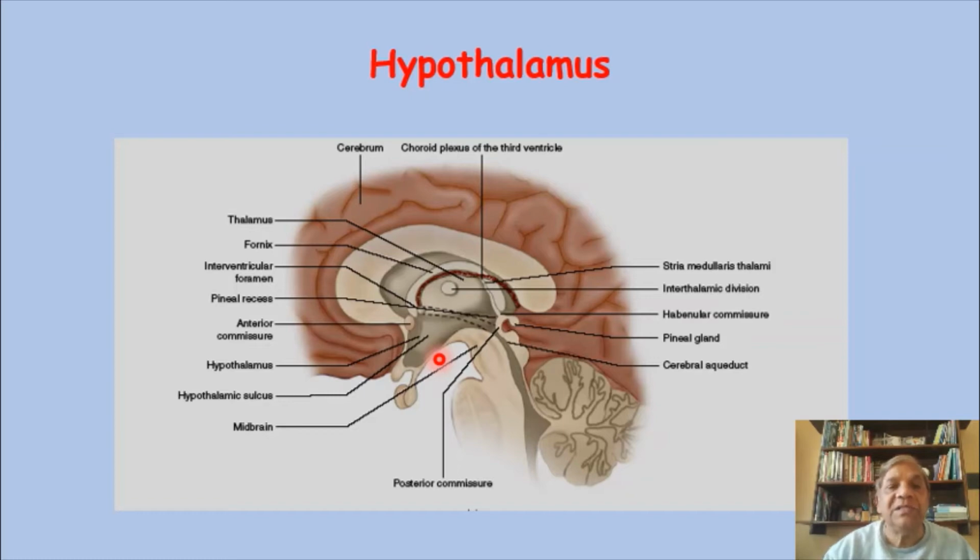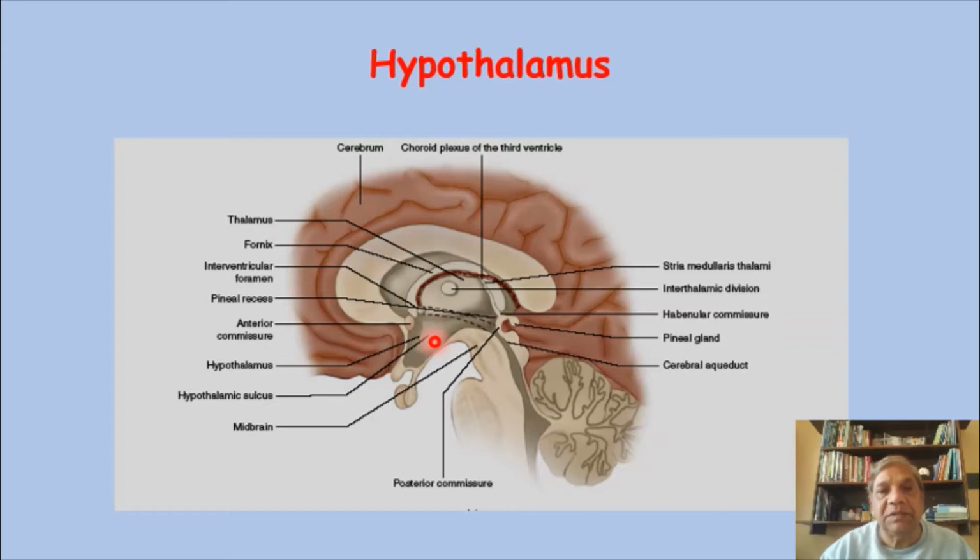Now if you see this, it is on the right as well as on the left side. This hypothalamic part is not visualized from the ventral surface of the cerebral hemisphere. If you see the whole of the brain from the ventral surface, only a small part of the hypothalamus can be seen on the external surface.